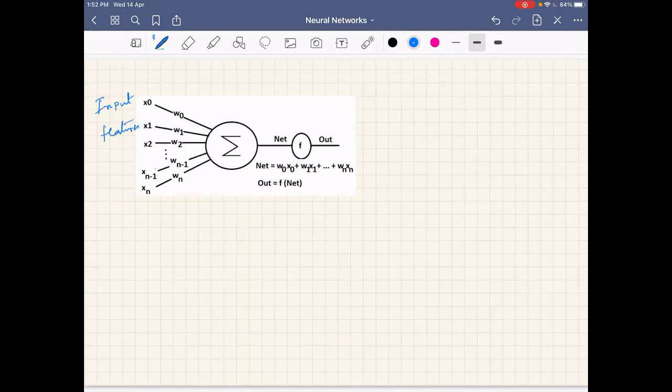Given these feature inputs, we are weighting them and taking the collective weight as the net value, and this is triggered or not triggered by an activation function. As we have discussed, f is referred to as the activation function. This is ideally a non-linear function.